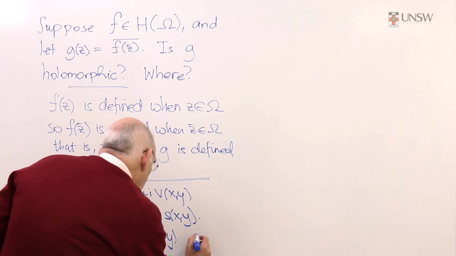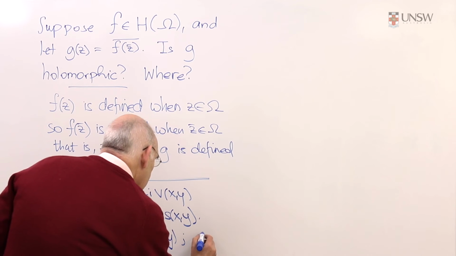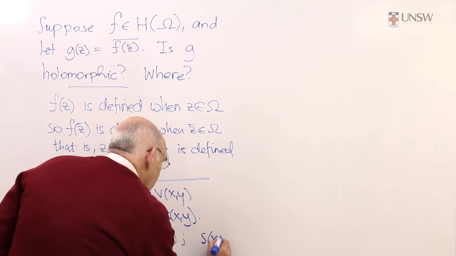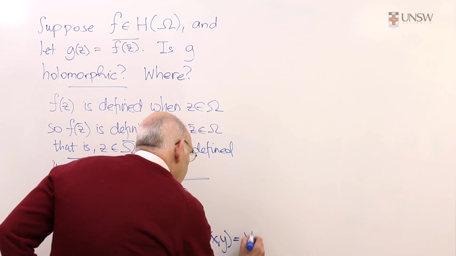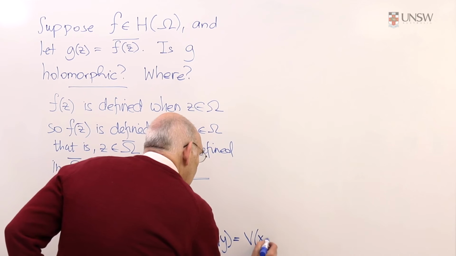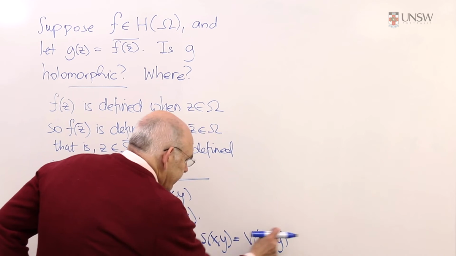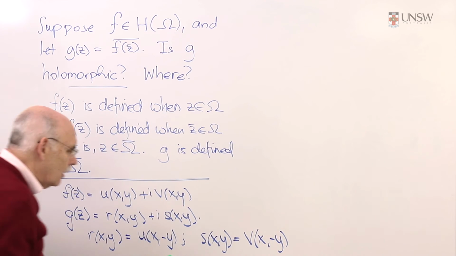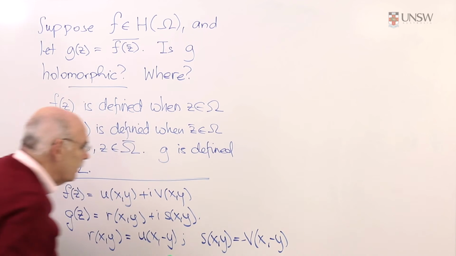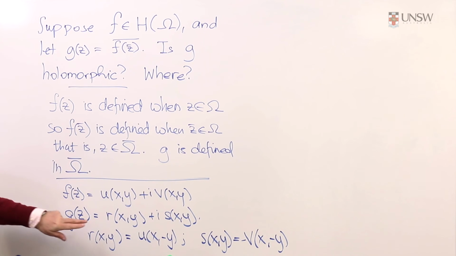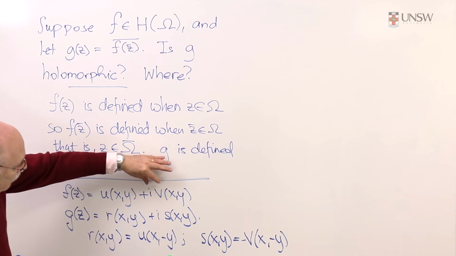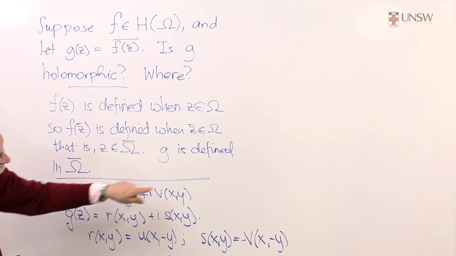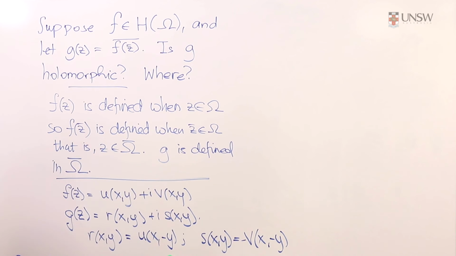And in much the same way, we'll get that s of x y is equal to minus v of x minus y. This is the bit that corresponds to the conjugate, and then there's a minus here because when we get to g, we have to conjugate the f, which means that we have to conjugate i v x y and turn that into minus i v x y.